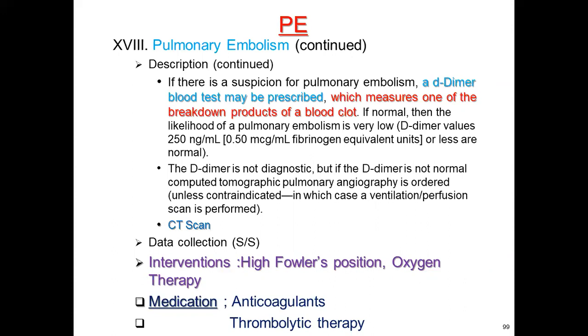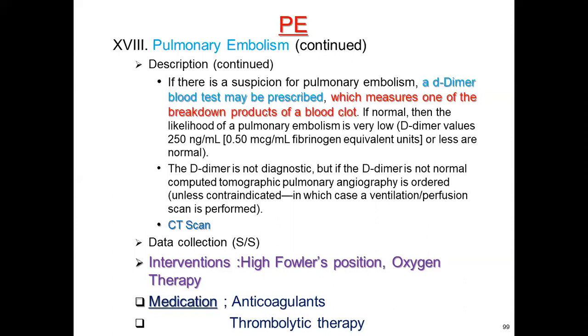Keep in mind, maintain a constant intake of vitamin K while on warfarin. We encourage the patient toward smoking cessation, increased mobility, and compression stockings, and reduce the risk of bleeding, and no aspirin for the patient.